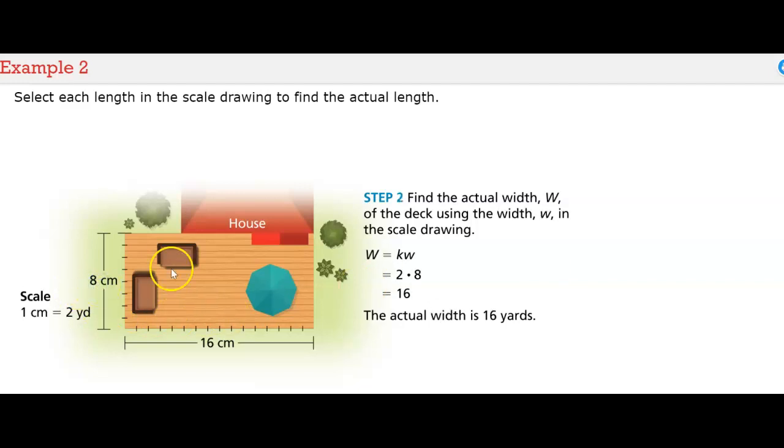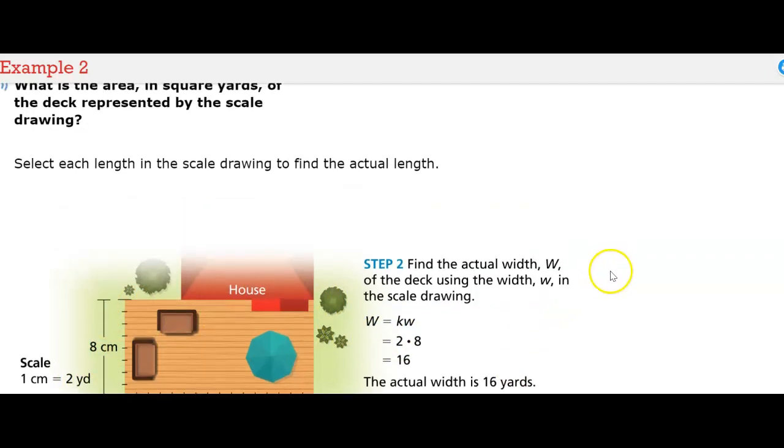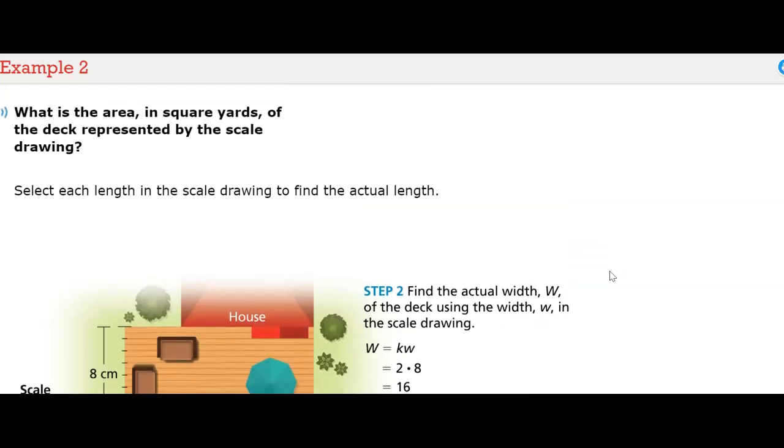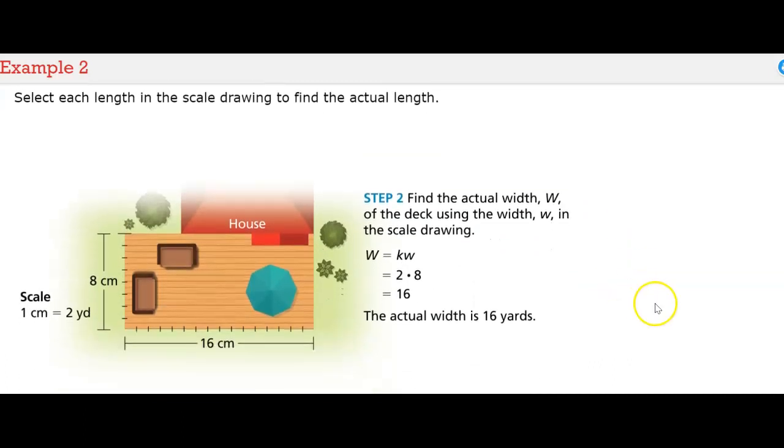Then we have step 2, which is the width, and we need to find the actual width. Again, K is the scale factor. 2 yards is equal to 1 centimeter. So that's 2 times 8, which is the width in the drawing. So 2 times 8 is 16. So the actual width of the deck is 16 yards.